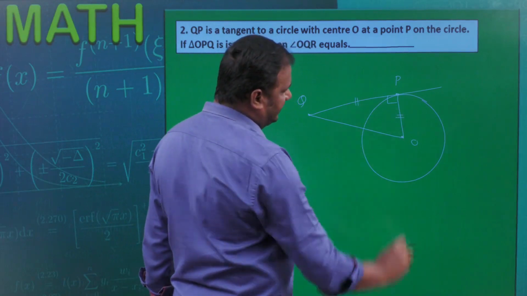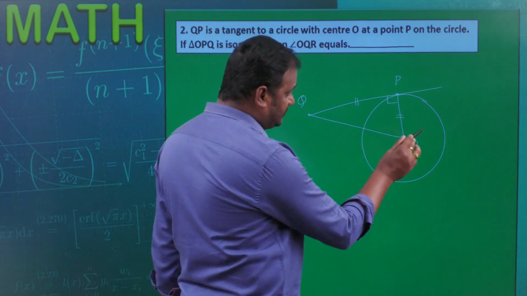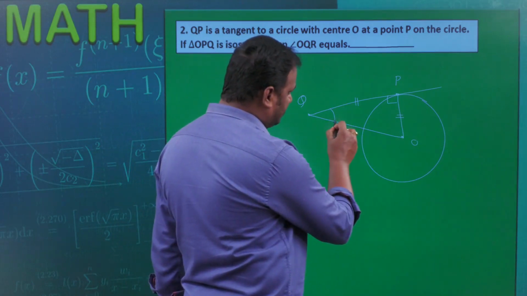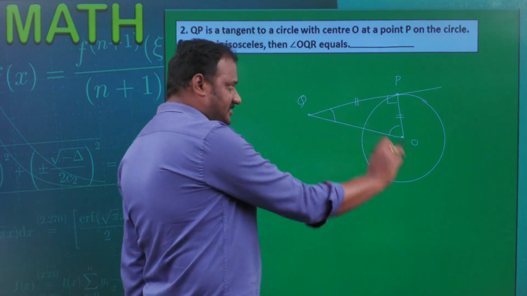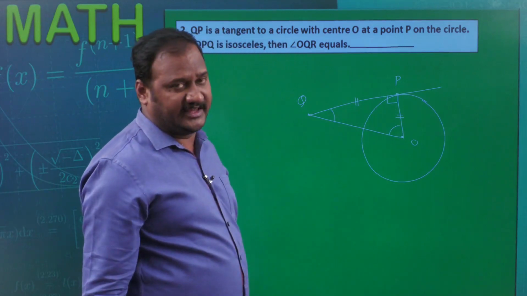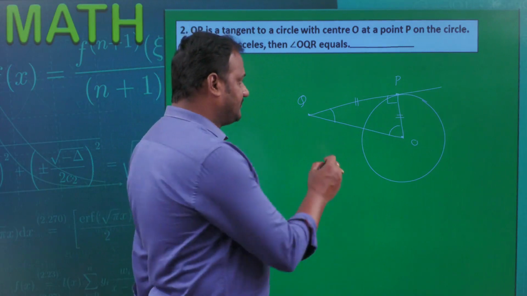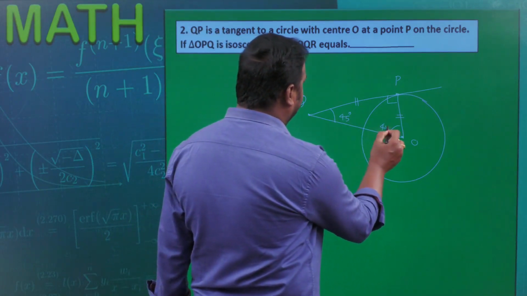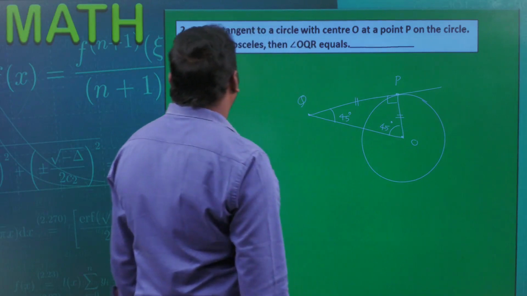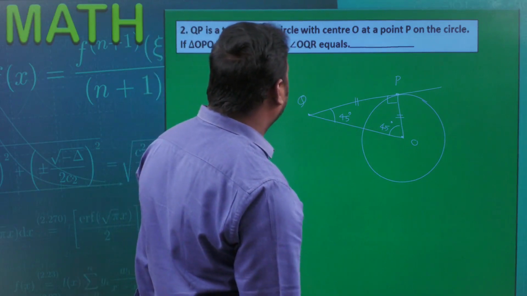If these two sides are equal, then the angles opposite to them are equal, so this angle is equal to this angle. Since it is a right angle triangle, one angle is already 90 degrees, so the other two angles sum to 90. Since both of them are equal, this is 45 degrees and this is also 45 degrees. Then angle OQR is equal to what?